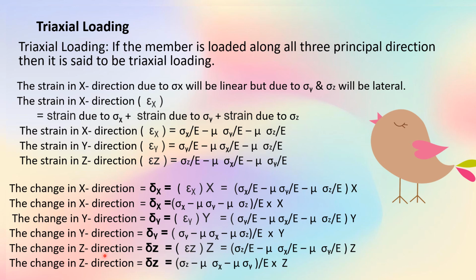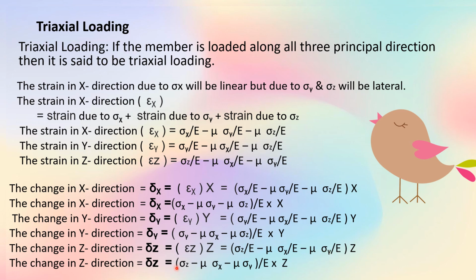Similarly, change in z direction delta z is epsilon z into z. Now the strain in the z direction, this is the figure which we substitute here. Epsilon z is equal to bracket open sigma z upon E minus mu sigma x upon E minus mu sigma y divided by E bracket close into z. Now here again 1 upon E is taken common, and here also sigma z upon E is linear strain in z direction, and due to sigma x and sigma y are lateral strain.